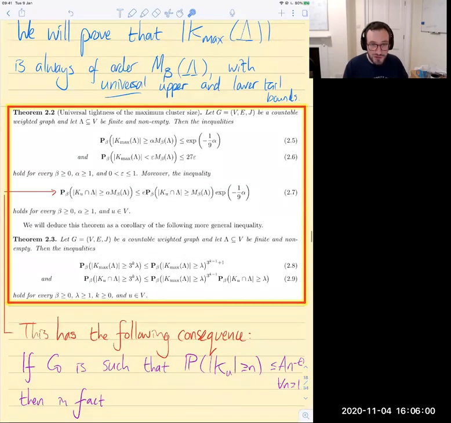Again, it's just completely universal. Moreover, if instead of looking at the biggest cluster, I fix some vertex u and ask what's the probability that this specific cluster has a big intersection with lambda, bigger than alpha times the typical value of the maximum cluster, it's bounded by this exponential factor in alpha multiplied by the probability that this specific cluster is bigger than the typical value.